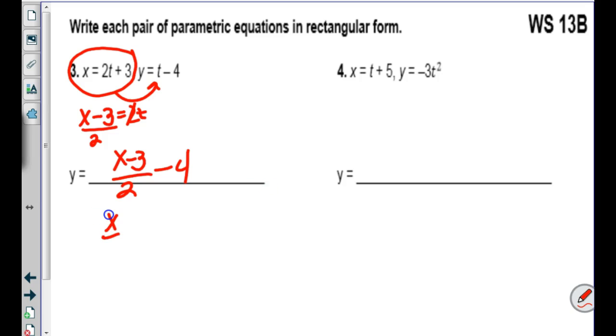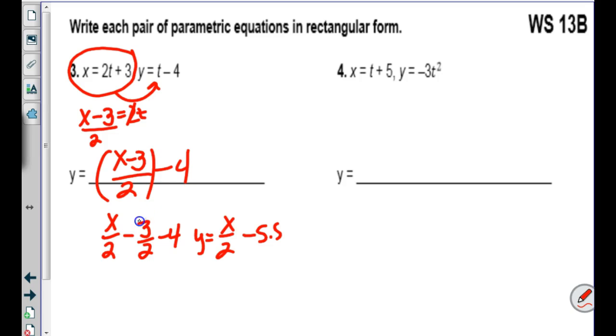If you simplified it, that would be x over 2 minus 5.5 or some fraction. Yeah, you could. I don't care. It doesn't have a squared, so it's not as big a deal. Over here, x minus 5 equals t.